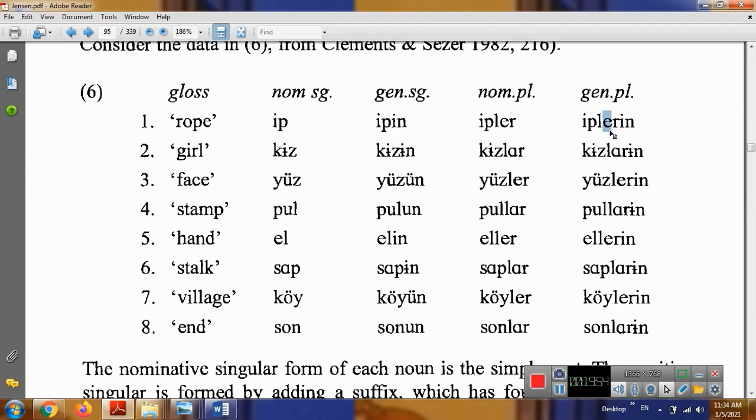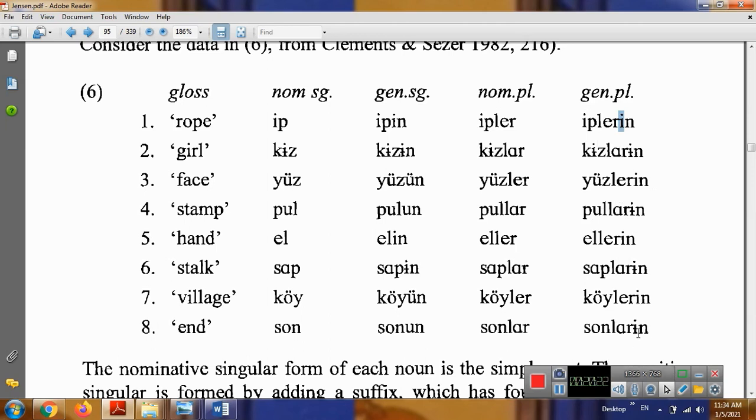When we have ler, we choose in: lerin. As a whole, when we have the ler form of the suffix, we choose in, but when we have lar, we choose in.